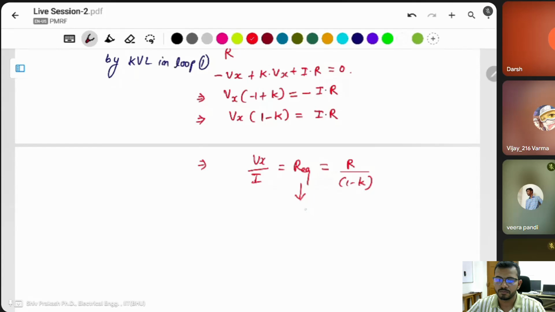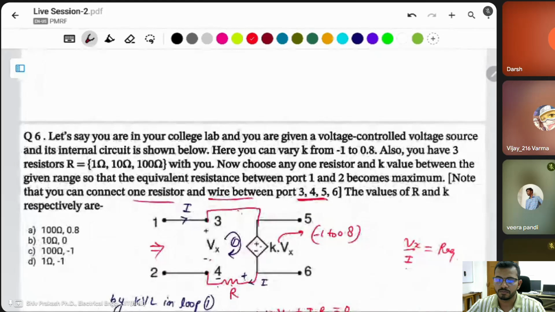Now, when will this be maximum? When the denominator is minimum and R is maximum. The maximum R, as given in the question, is 100.